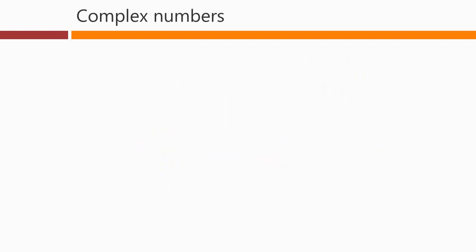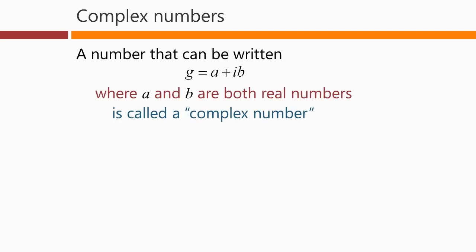When we put together real numbers and imaginary numbers, we get complex numbers. So if we consider some complex number g that is made up out of a real number a plus i times another real number b, i times b is now an imaginary number. So the total number g is called a complex number.